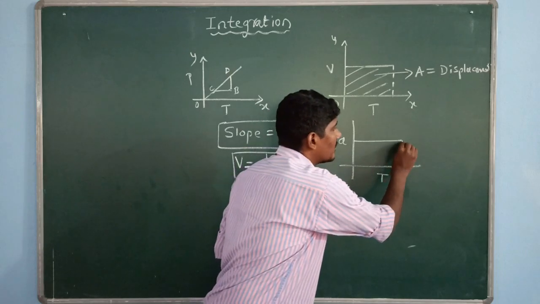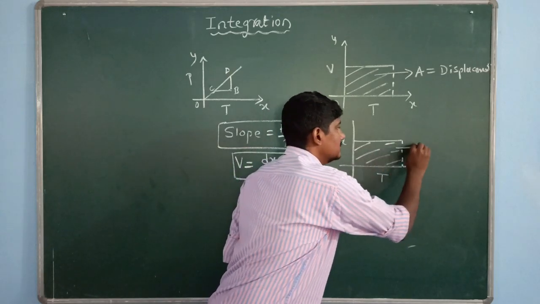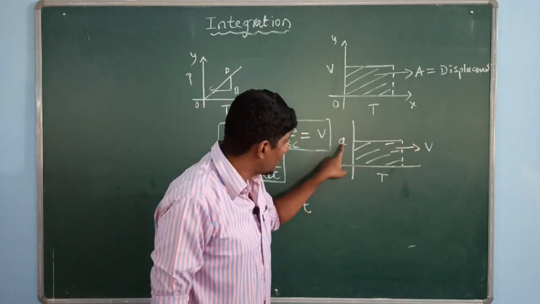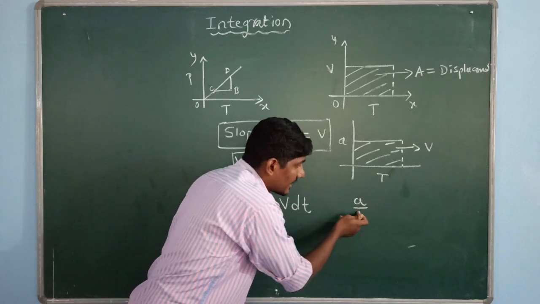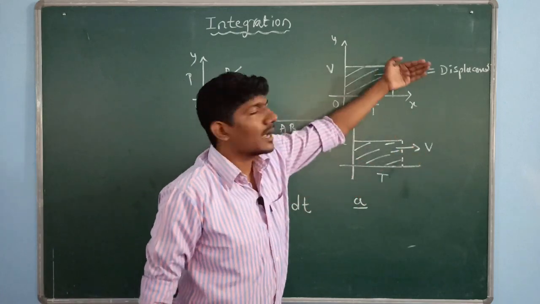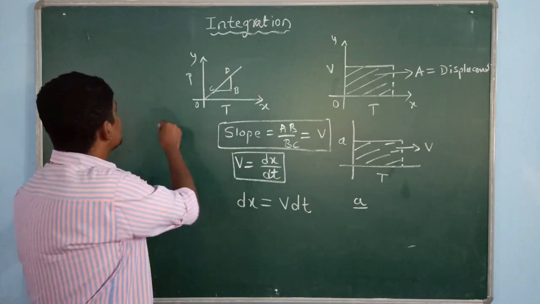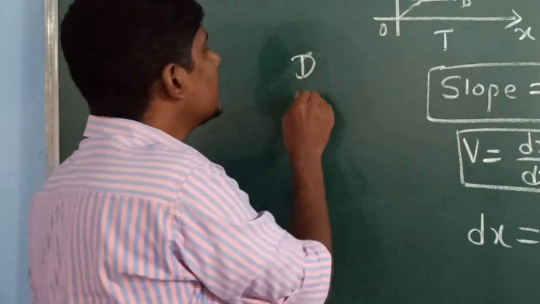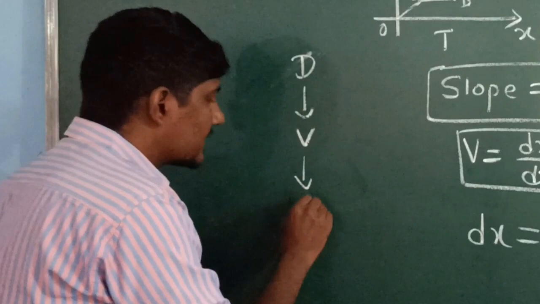If you find the area under the AT graph, that gives velocity. So if you have an equation or function for acceleration, you can find velocity. In the case of differentiation, it was like this: displacement, differentiate it, you get velocity, differentiate velocity, you get acceleration.